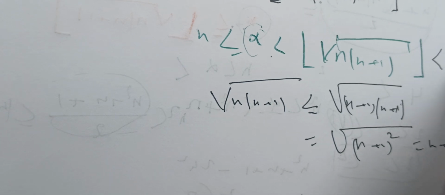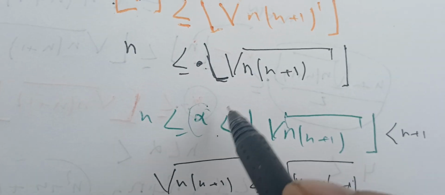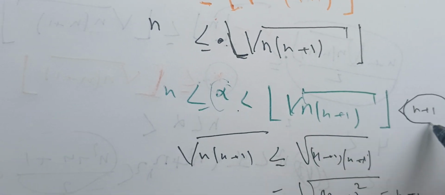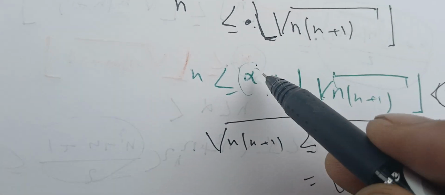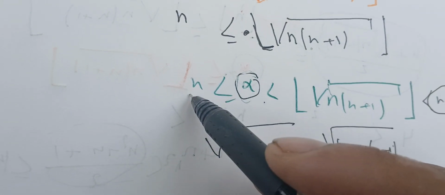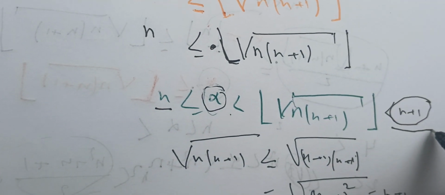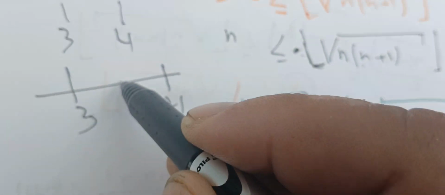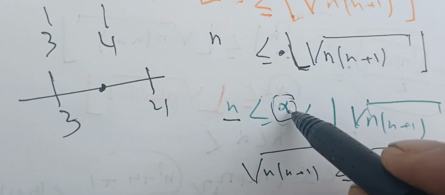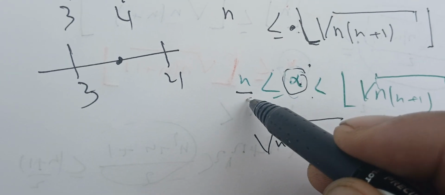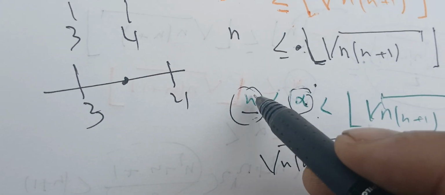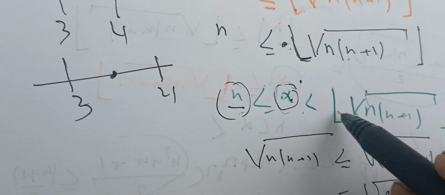So this is less than n plus 1, and we can't find an alpha between two consecutive integers. Let's say you have 3 and 4. These are integers. Can you find an integer included between them? No. Therefore there is no such alpha.